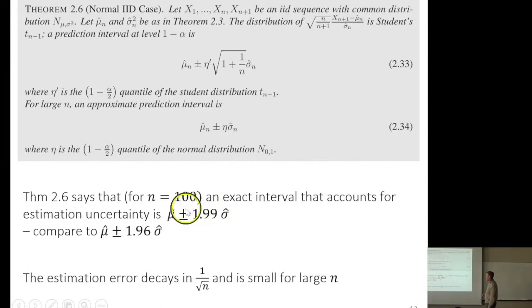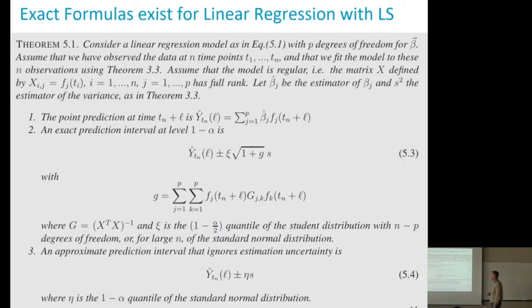So perhaps here the take-home message is 100 is not a very large number. The prediction interval is largely due to sigma and very little due to the uncertainty about mu. So the estimation error typically adds up much less here.